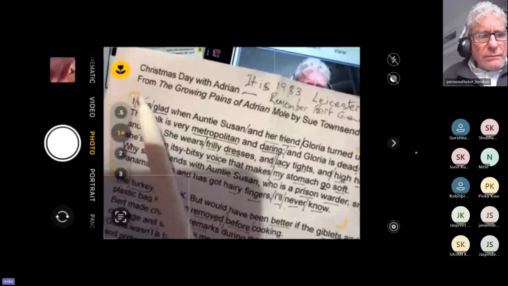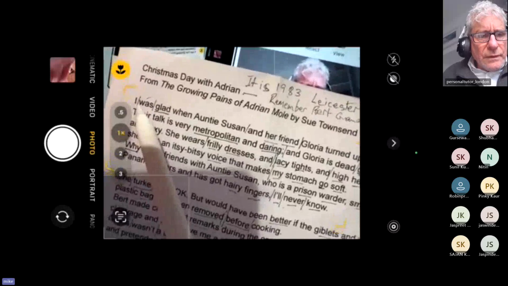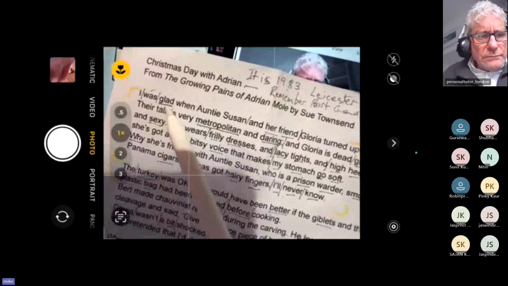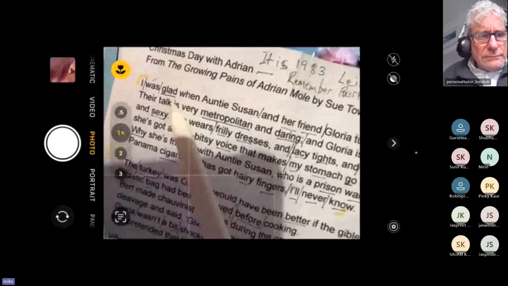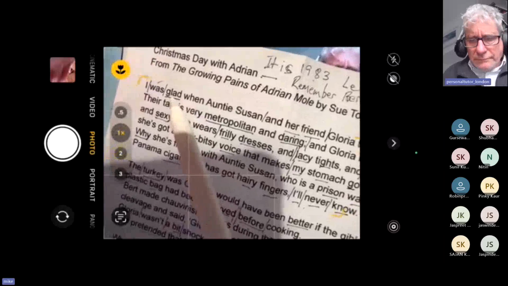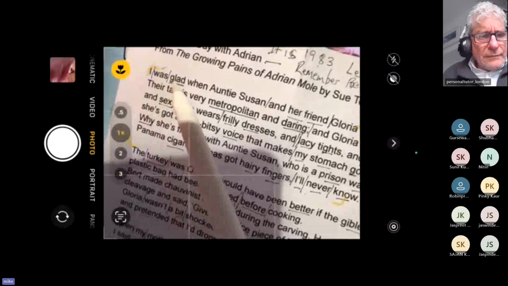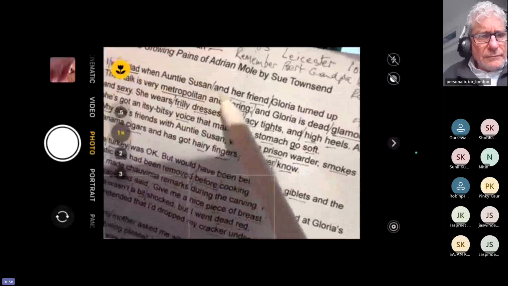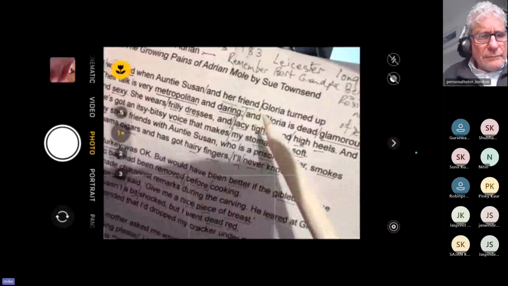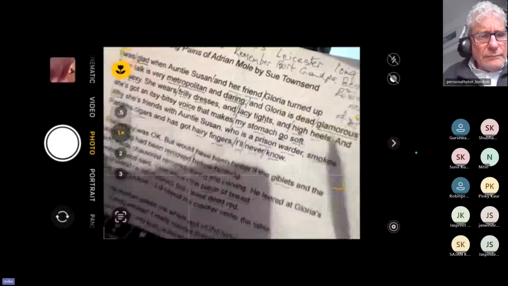And here, glad is underlined. That is the stress on the word. I was glad when Auntie Susan and her friend Gloria turned up.